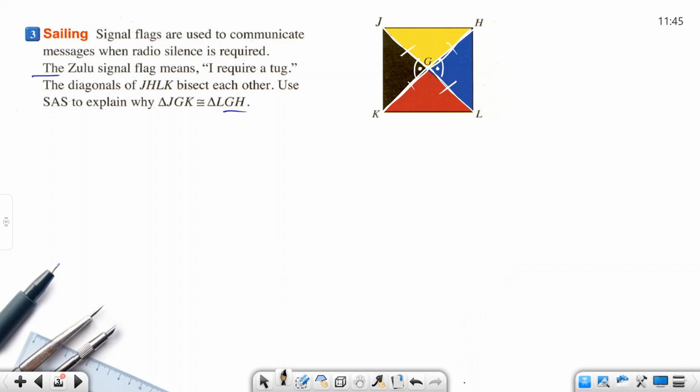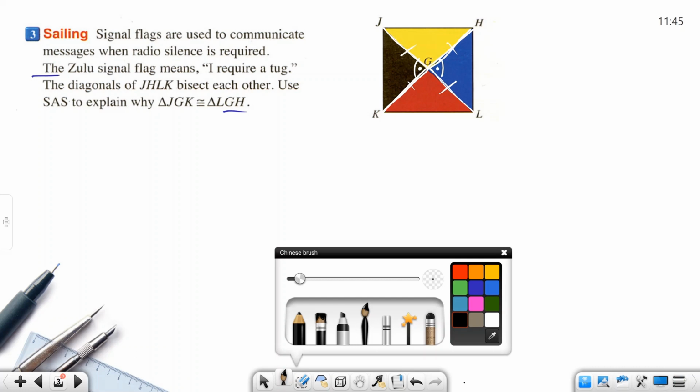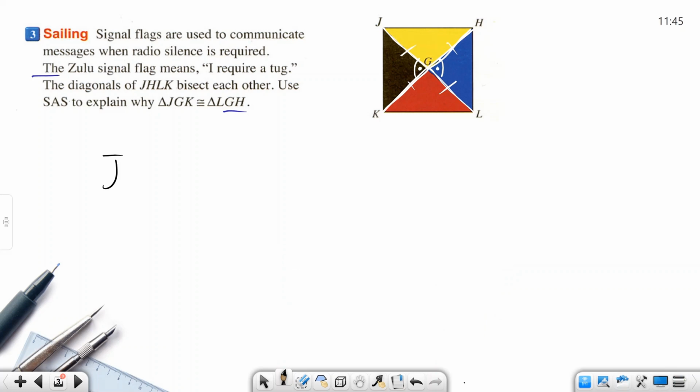Let's write it a little. After the guided practice I will write, but for independent practice I will only tell. It will be fast. So JG is congruent with KG. So GH. Oh, I made a mistake.